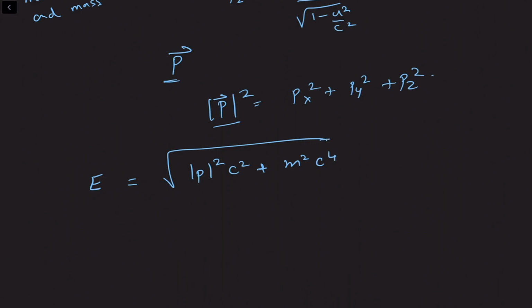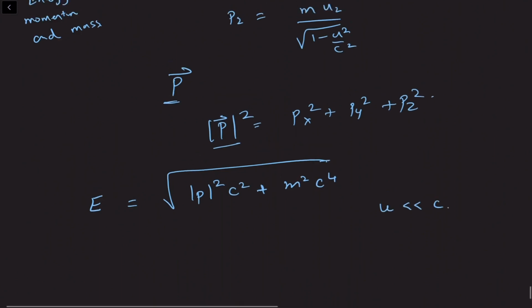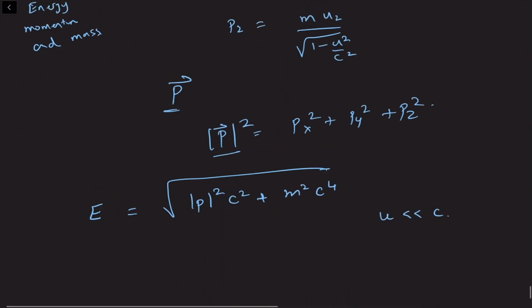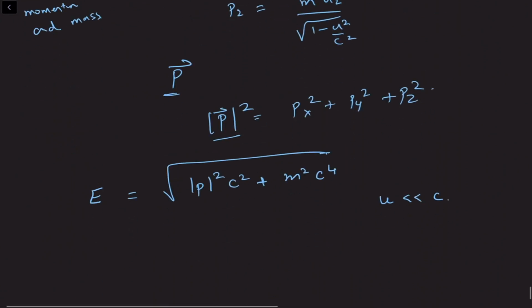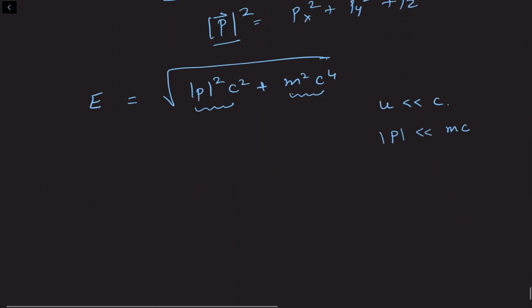And again, we can expand this for u much less than the speed of light. For u much less than the speed of light, what that tells us is that p, or any component of p, or mod p, is much, much smaller than mass times c. So treating this as a very large term and this as a very small term, we can now expand this.